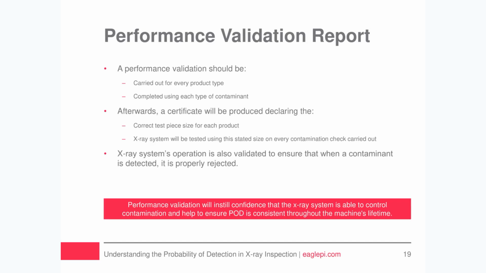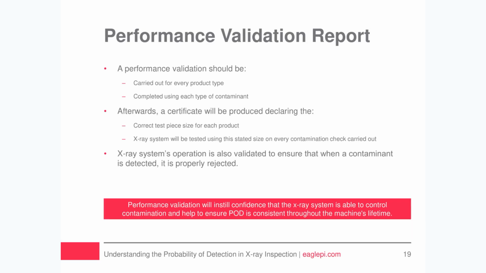In addition to validating the sensitivity of an X-ray system, it is important that an X-ray system's operation is also validated to ensure that when a contaminant is detected, it is properly rejected. With proper rejector selection, this can be done by placing a contaminant in different locations, as well as producing successive detection events.